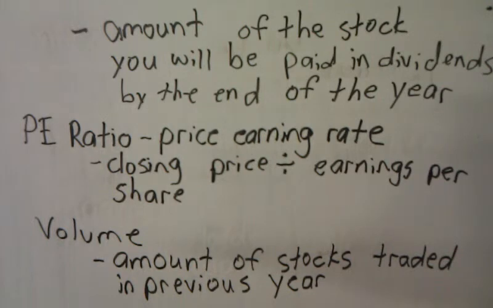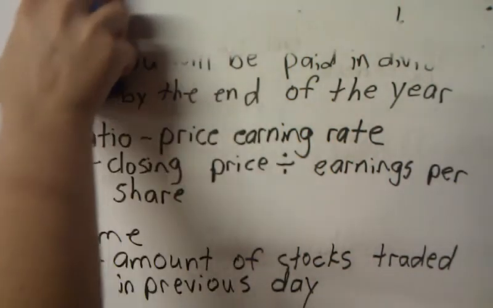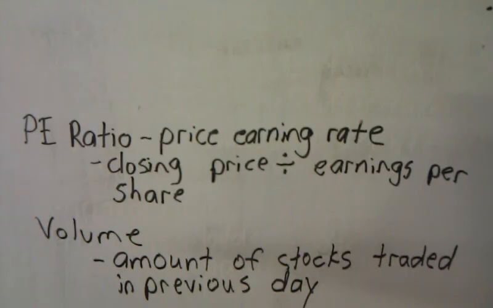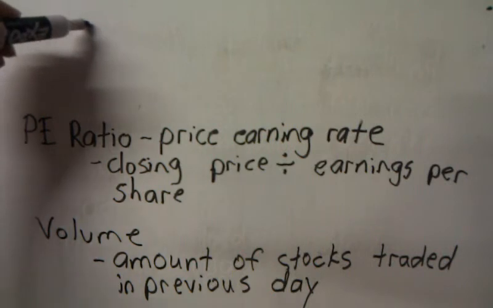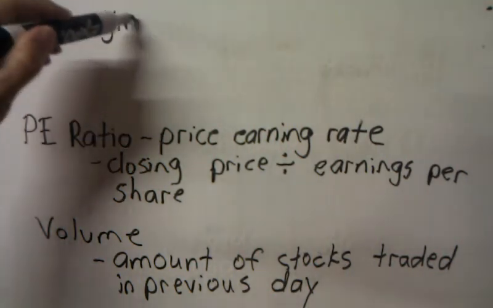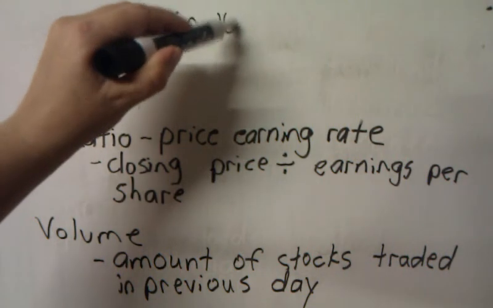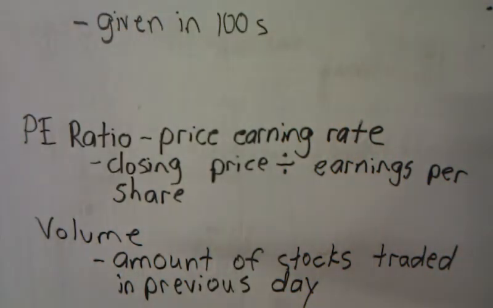I'm sorry, not the previous year, the previous day. This number is given in hundreds. So to get the actual number of stocks traded, simply multiply the volume by 100.